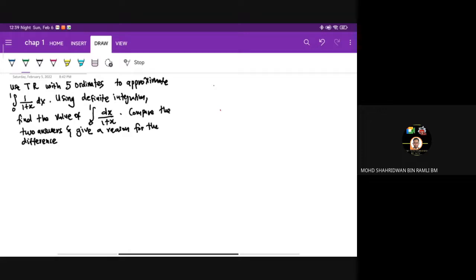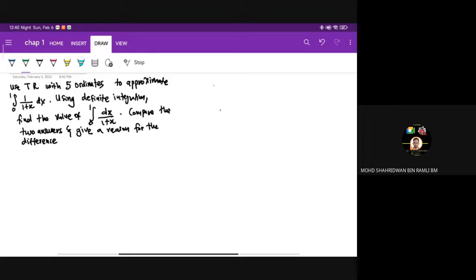But this one, by using the trapezoidal rule, we will approximate the area. Because not all functions we can simply integrate, and when we integrate, that represents the area, right? So that's why we have to apply the trapezoidal rule in order to approximate the area.